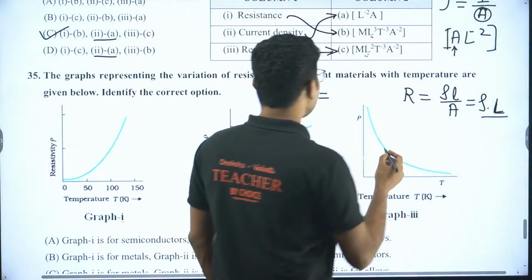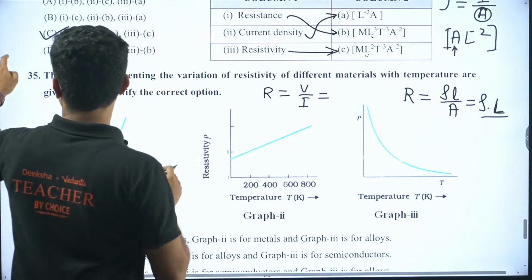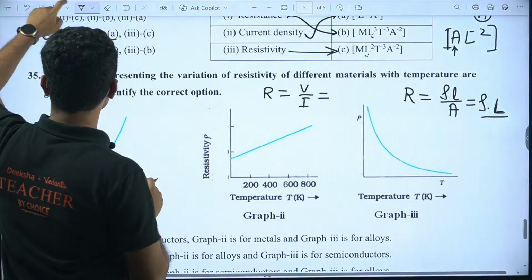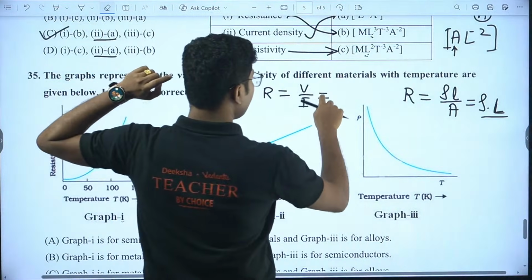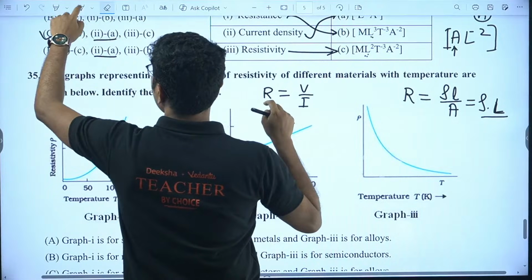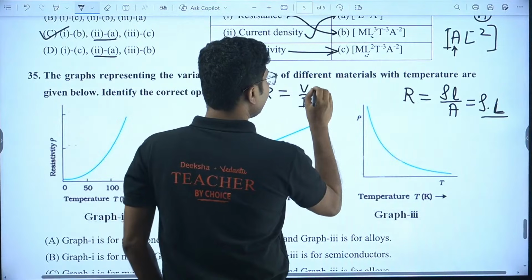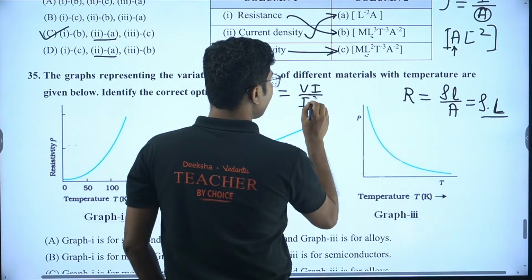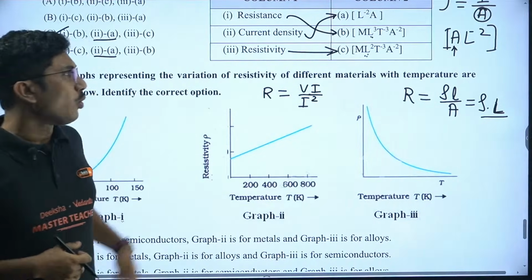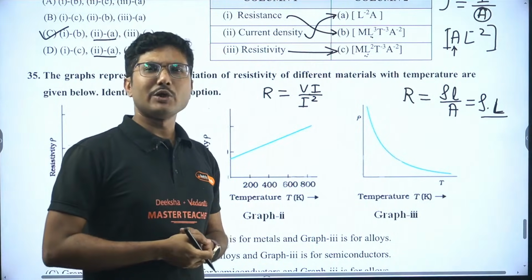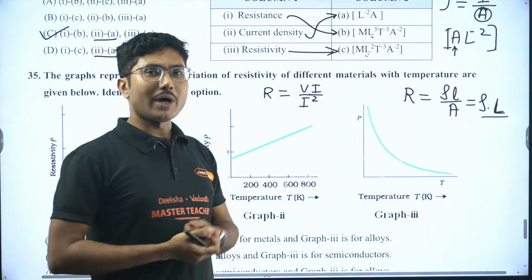Or I will use a slightly separate thing. I will use V into I divided by I square. What is V into I? V into I is power.